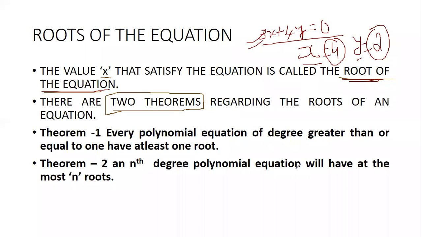Okay. Now there are two rules or theorems for the roots of an equation. Okay, we will see that. Every polynomial equation of degree greater than or equal to 1 has at least one root. Just understand the sentence as of now, because we will be solving problems quickly, so I will explain using the problem.